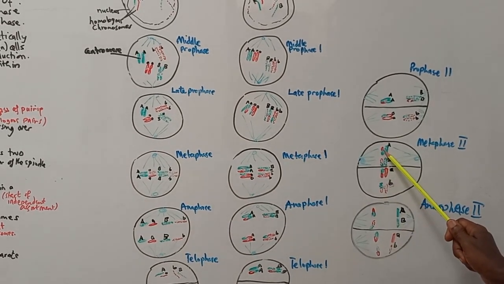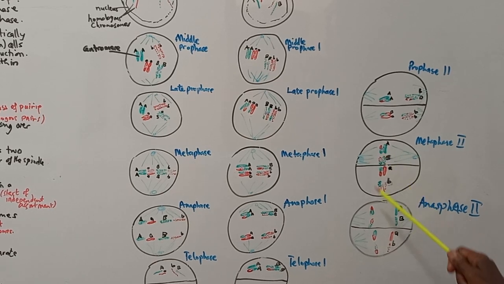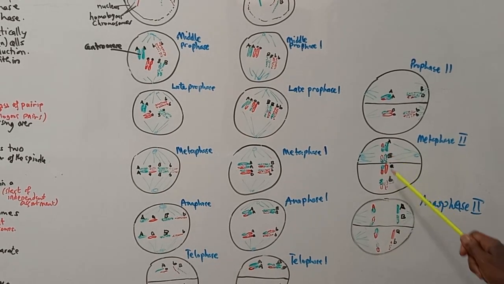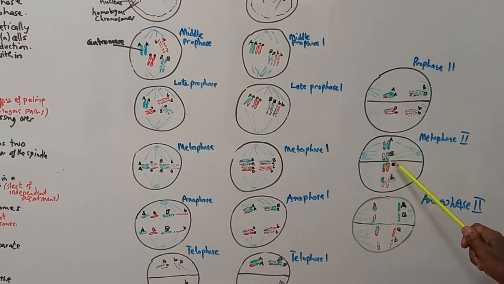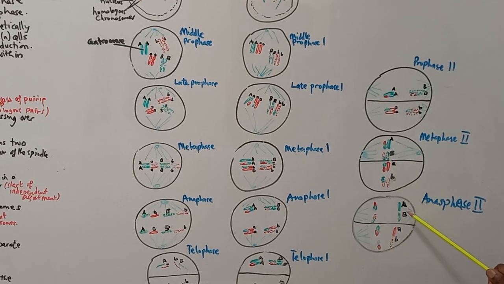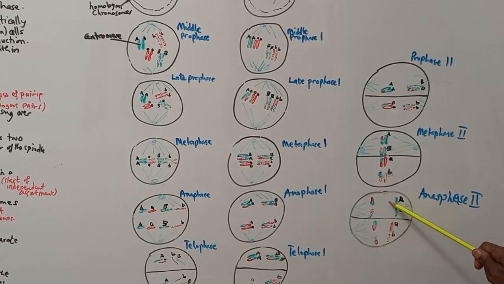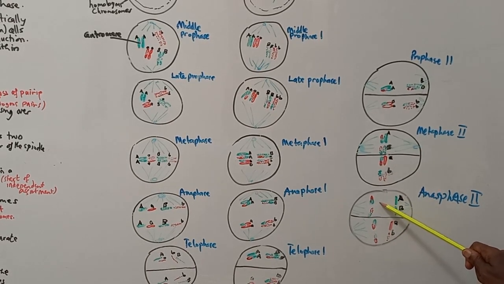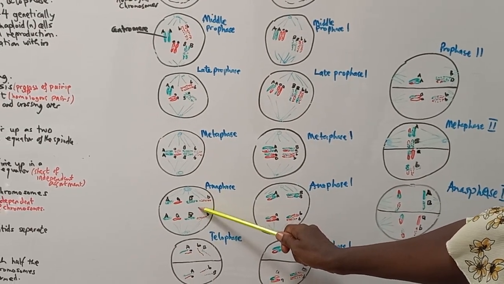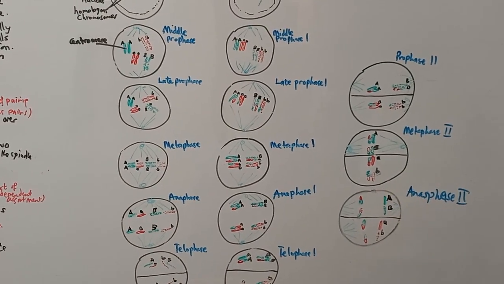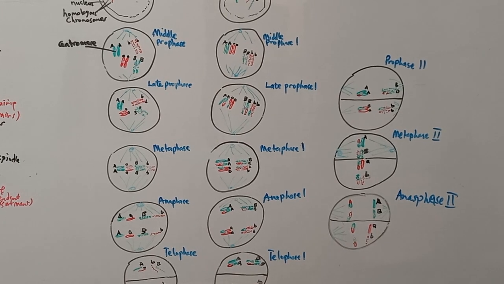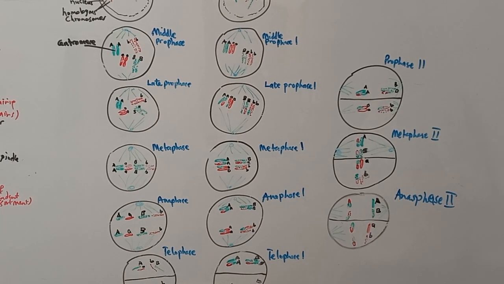You see, this centromere will break, this chromatid will be here, and that chromatid will be there. Anaphase 2 is just like anaphase in mitosis. Then, after anaphase 2, we are going to go to telophase 2.